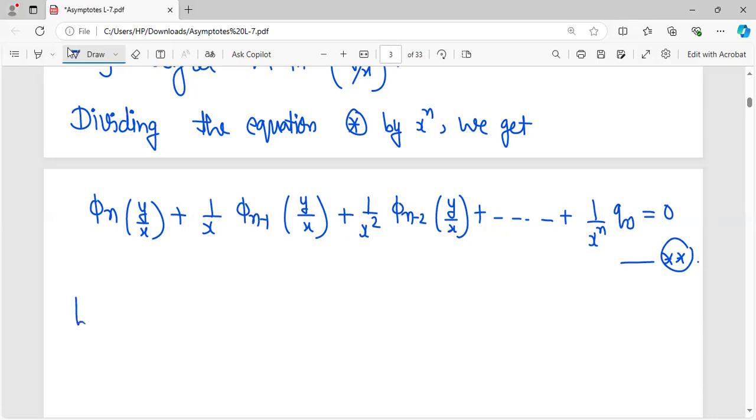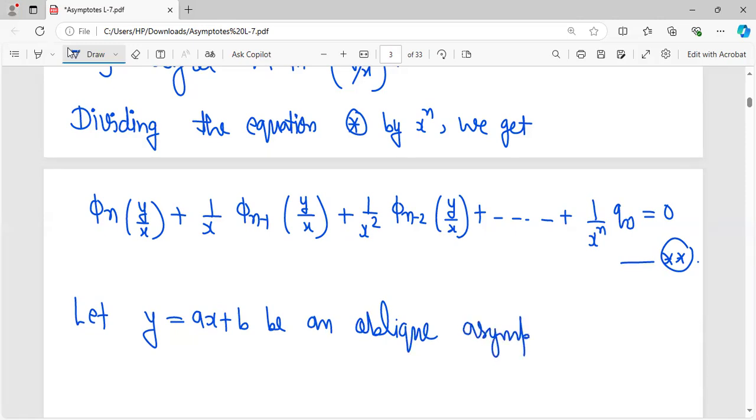Now let y = ax + b be an oblique asymptote of the given curve.